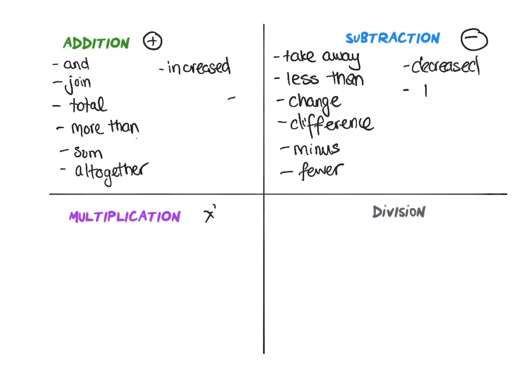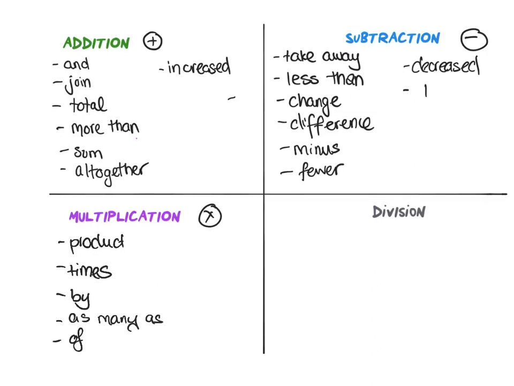Yeah, so for multiplication, they can use the word product, you might use the word times. By is another word, so 2 by 3 means multiplying. As many as might be used, and of is also a timesing word. For division, you might see the word quotient, that means division.